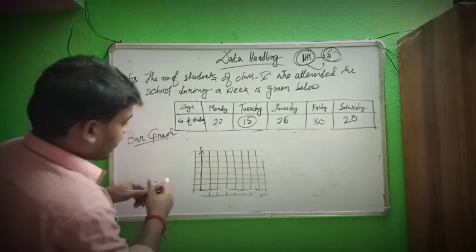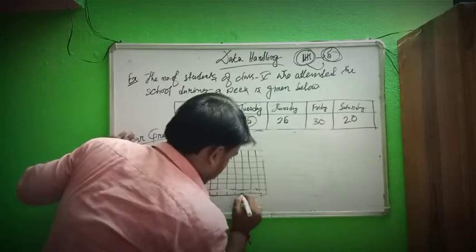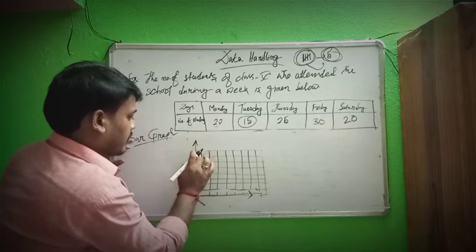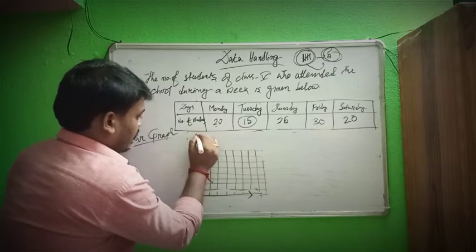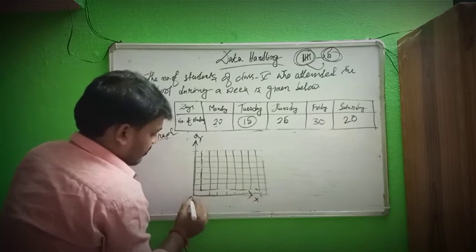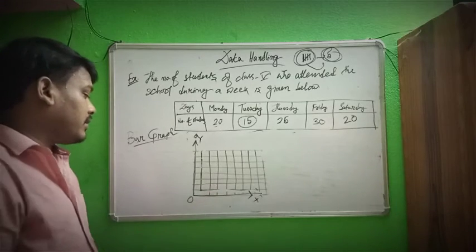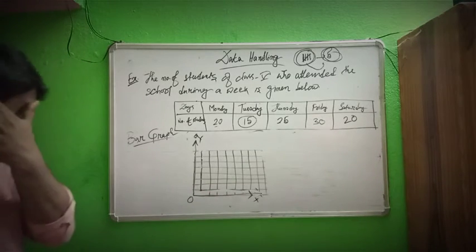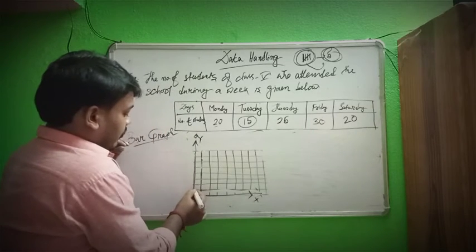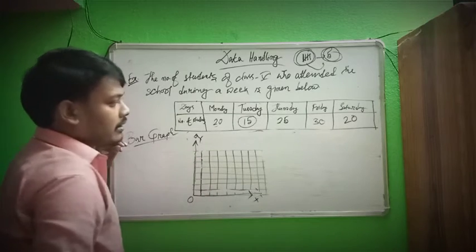So if I take this one OX and this one OY, then I think it looks better. O, this Y, this X. Okay, so you need to draw in this way. Now here 1, 2, 3, 4, 5, 6, 7, 8 divisions are there.